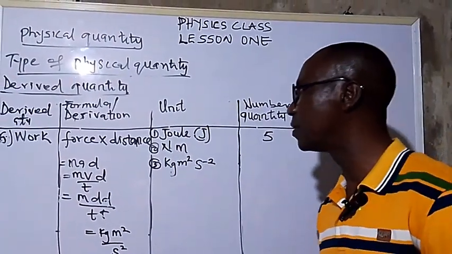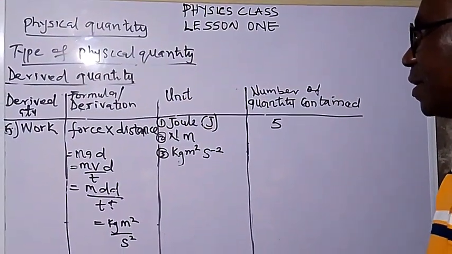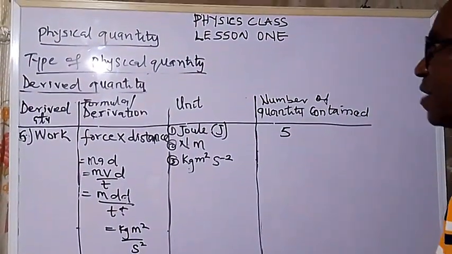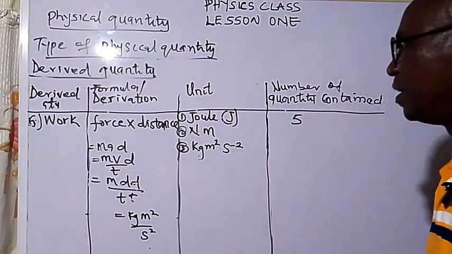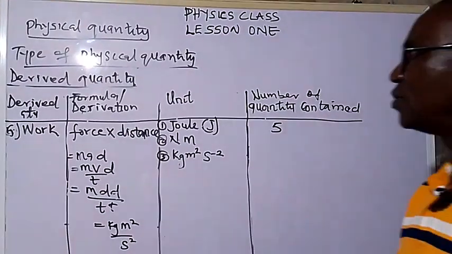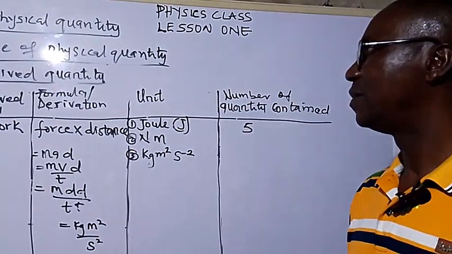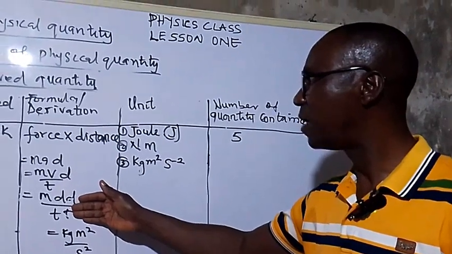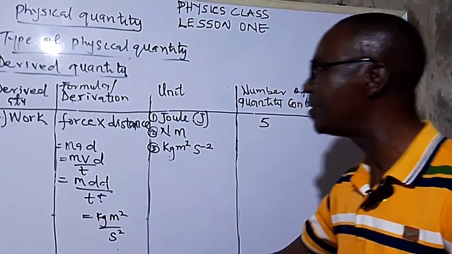Then you need to take note of this. Again, if the question asks you to write the basic unit of any derived quantity, it means the first thing you need to know is the formula of that derived quantity. Once you know the formula, analyze that formula like this until you get to its fundamental level.